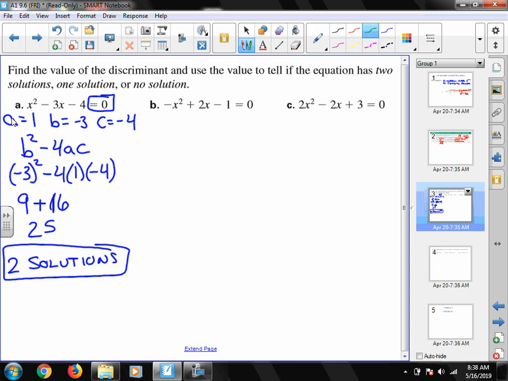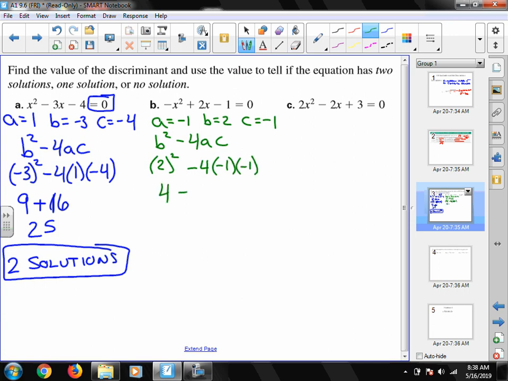Looking at b, very similar setup. a is negative 1, b is 2, c is negative 1. Again, b squared minus 4ac. So I end up with 2 squared. Get in the habit of putting that b value in parentheses so you handle the negatives correctly. 4 times negative 1 times negative 1.